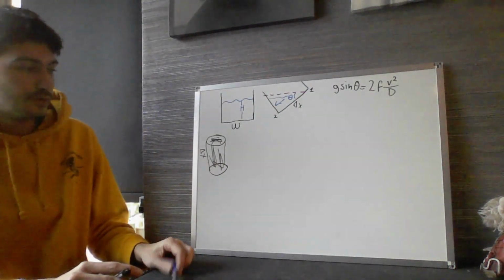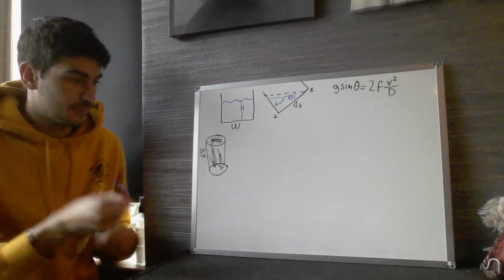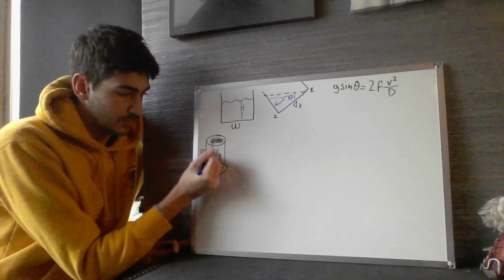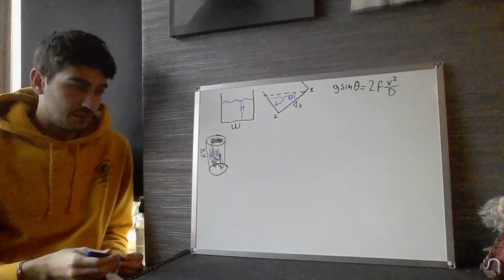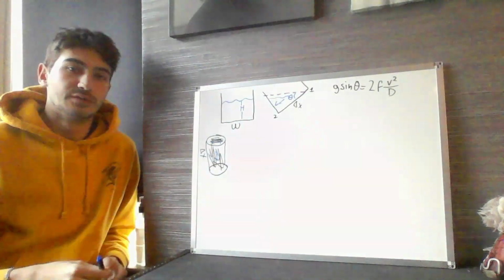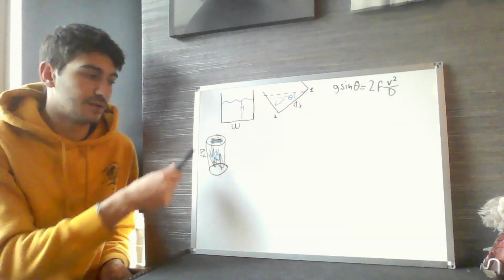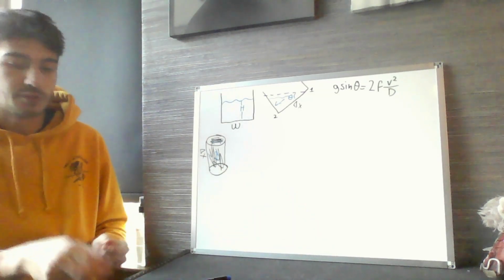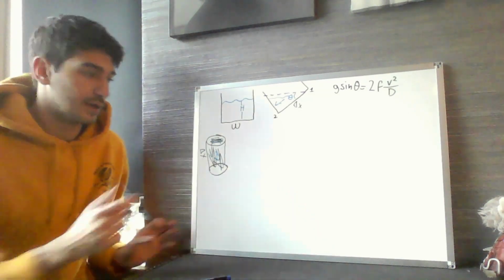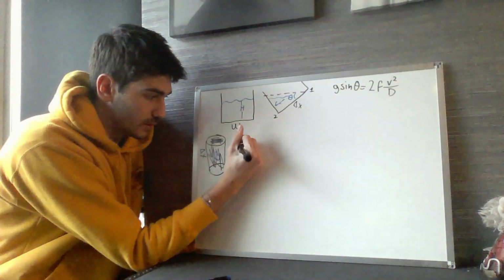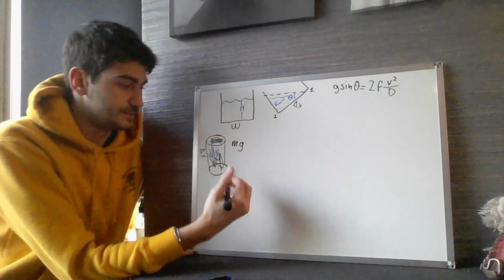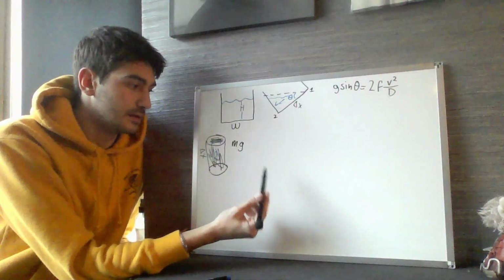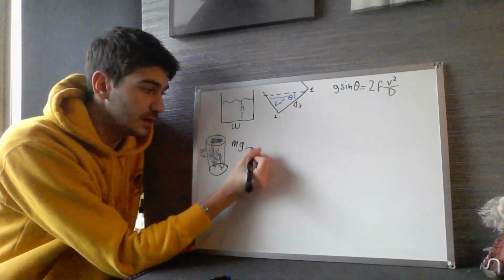So what we can do is that the force of this water going down is equal and opposite to the force that the material opposes on it, right? So what we can do for that is simply write that the weight of the liquid, which in this case is water, multiplied by the acceleration due to gravity.